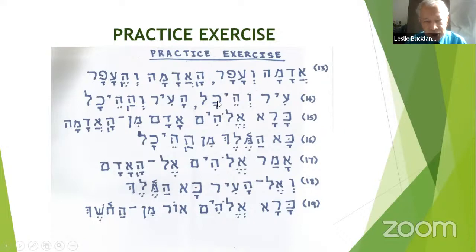I just have it by itself without any context. So either translation would be all right. So ir is city, we is and, hekal is a noun meaning either temple or palace. So it would be translated city and palace or city and temple.